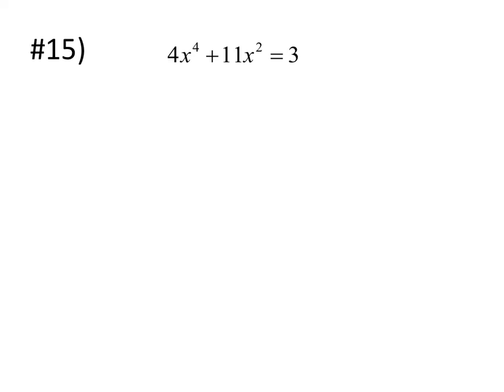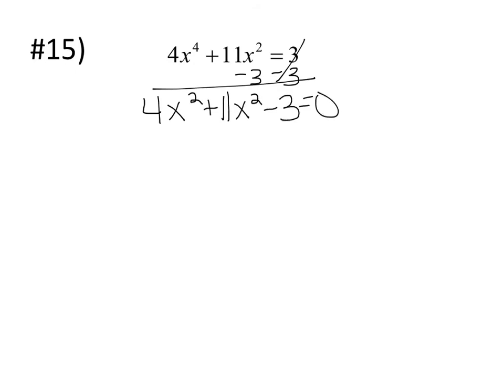All right, we have 4x to the fourth plus 11x squared is equal to 3. You're going to want to subtract 3 from both sides, so you can set your equation equal to 0. This should actually be to the fourth power.